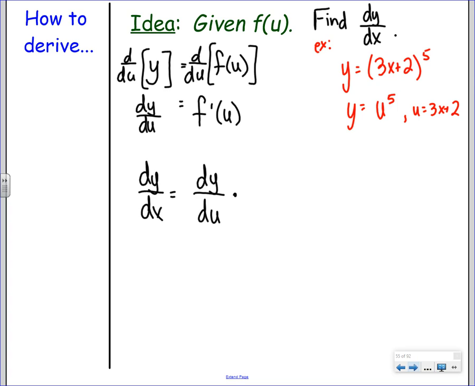Okay? And if I was to take d du of both sides, all I have to say is, oh, hey, cool, what's the derivative of u to the 5th, guys? Well, that's easy, but what did I just get? But I want dy dx. I am going to plug into u, but I still have dy du.